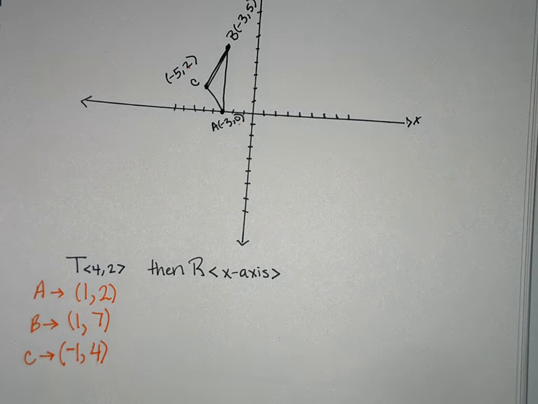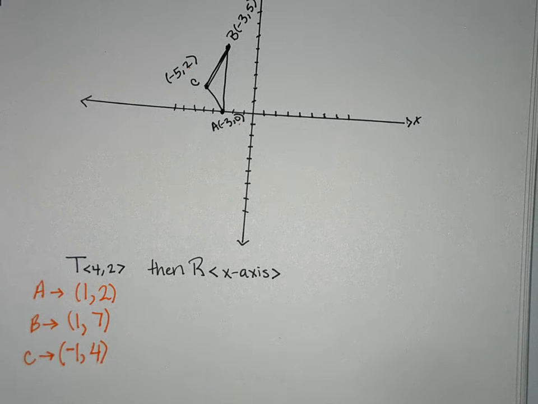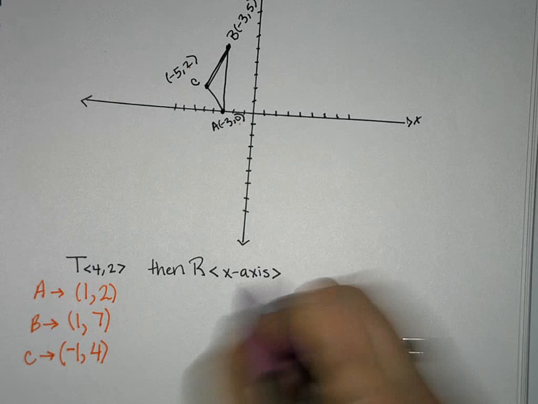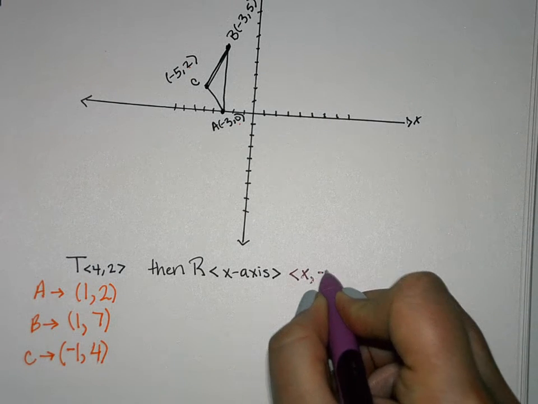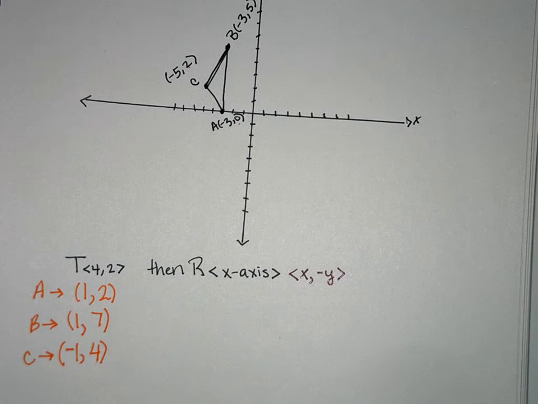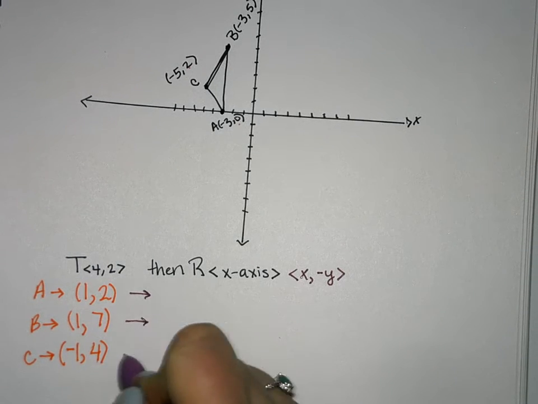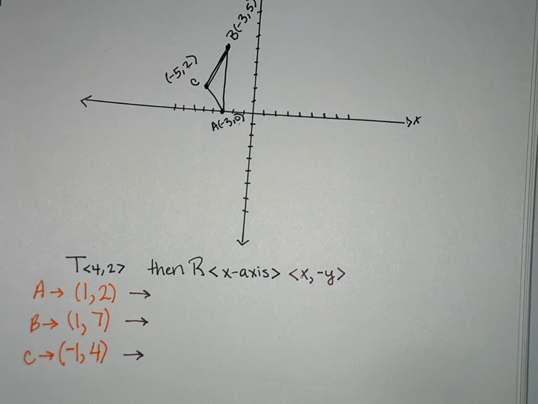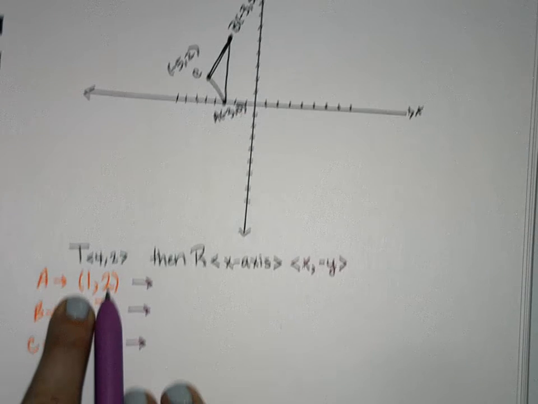But it wants us to do a second transformation. It also wants us to reflect. So our rule for reflection across the x-axis is to keep x the same, but make y the opposite. So if I now apply the reflection rule to our translated points, we keep x the same, but make y opposite.